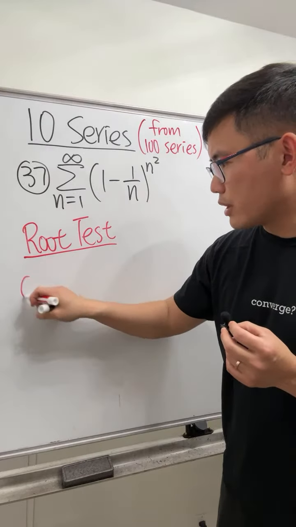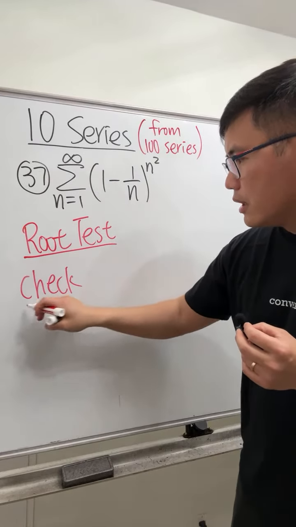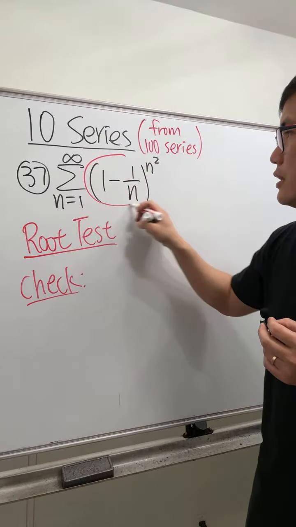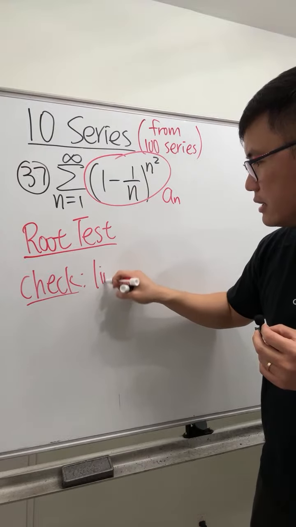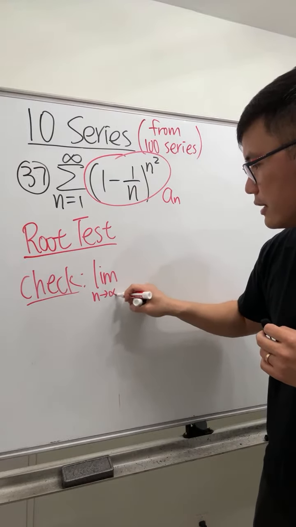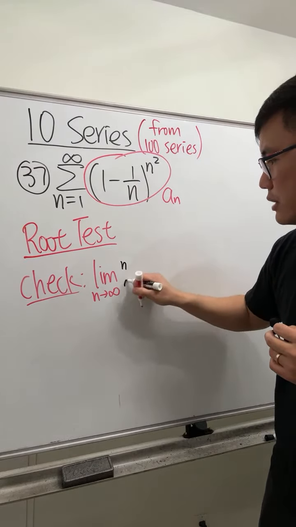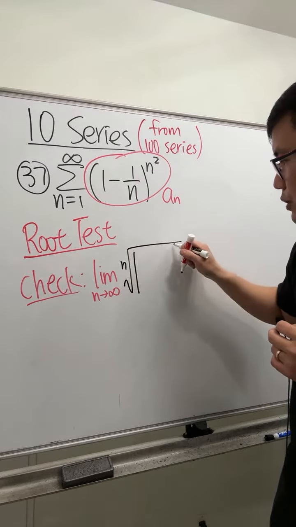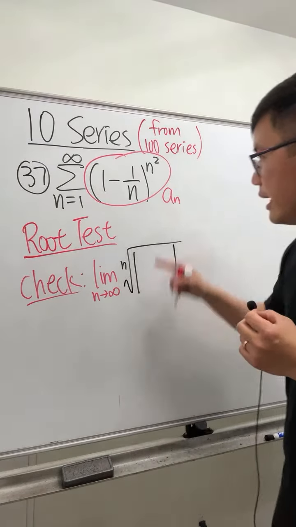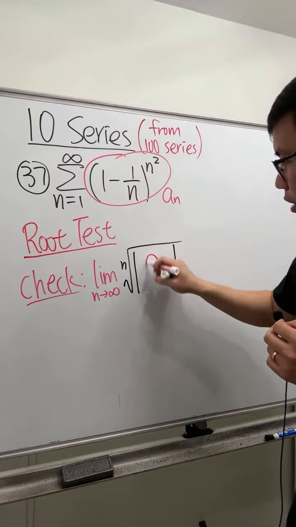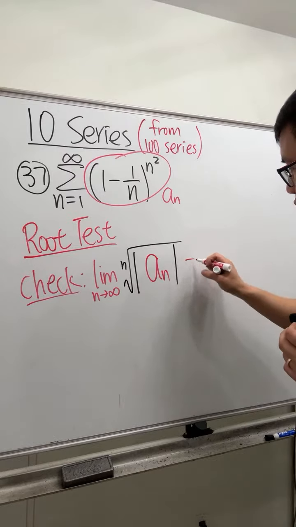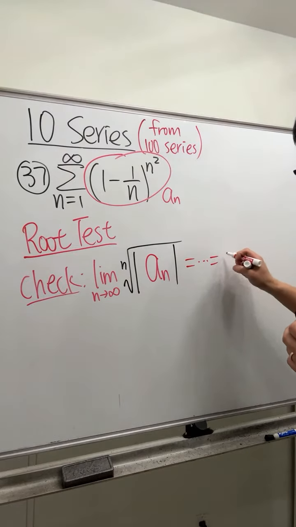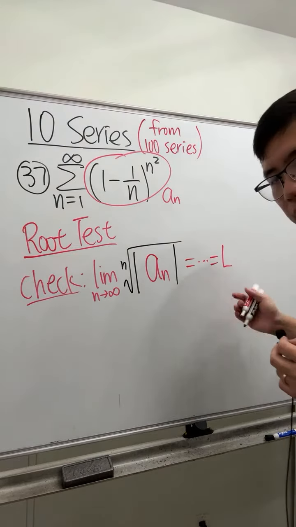And let me write this down right here for you guys. For the root test, this right here is our a_n. And we are going to check the limit as n goes to infinity, and we take the nth root. And technically, we also apply the absolute value. And then you just put a_n in here. I'm going to leave that to you guys to work out. But for review purposes, when you do all the work, you get a number L, hopefully.